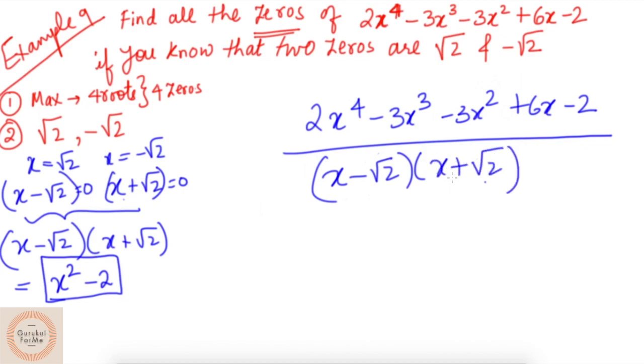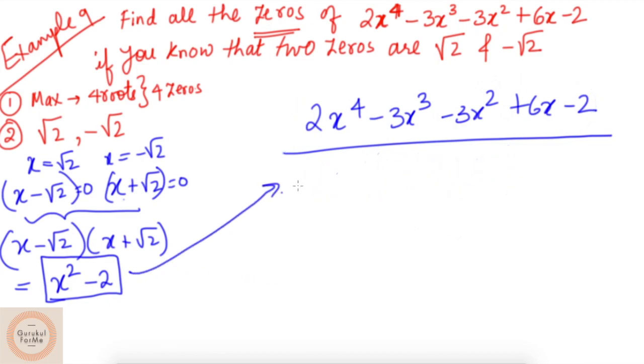What does it mean? It means that if these are the zeros, the whole polynomial above is divisible by these two factors. So can I also say that the polynomial is also divisible by x square minus 2? Why? Because it is nothing but the product of both, right? So let us now divide.